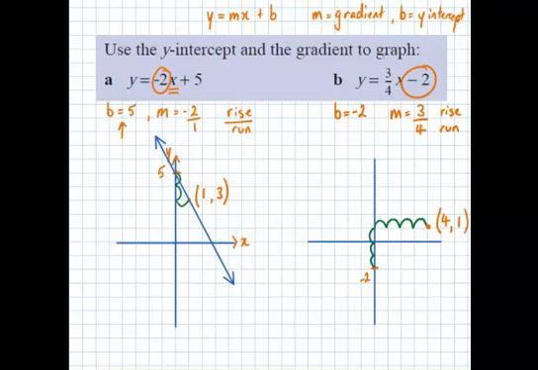Alright, I've got my 2 points that my line has to go through, so I'm going to graph my line. Okay, so there's my line. I've got it going through the second point. I might just need to fix it up a little so that it's going through both points.